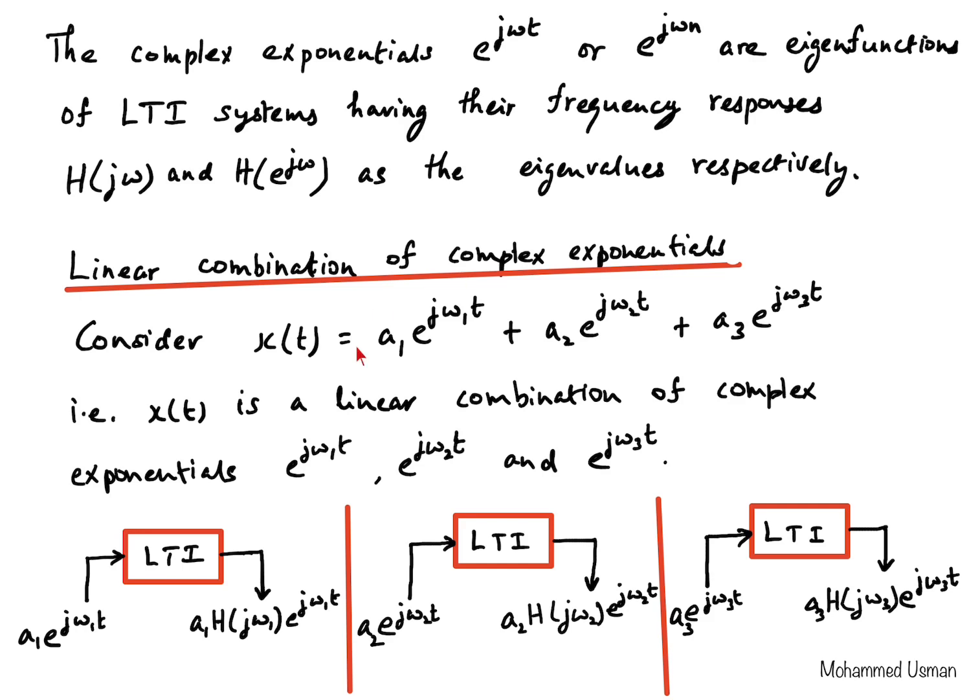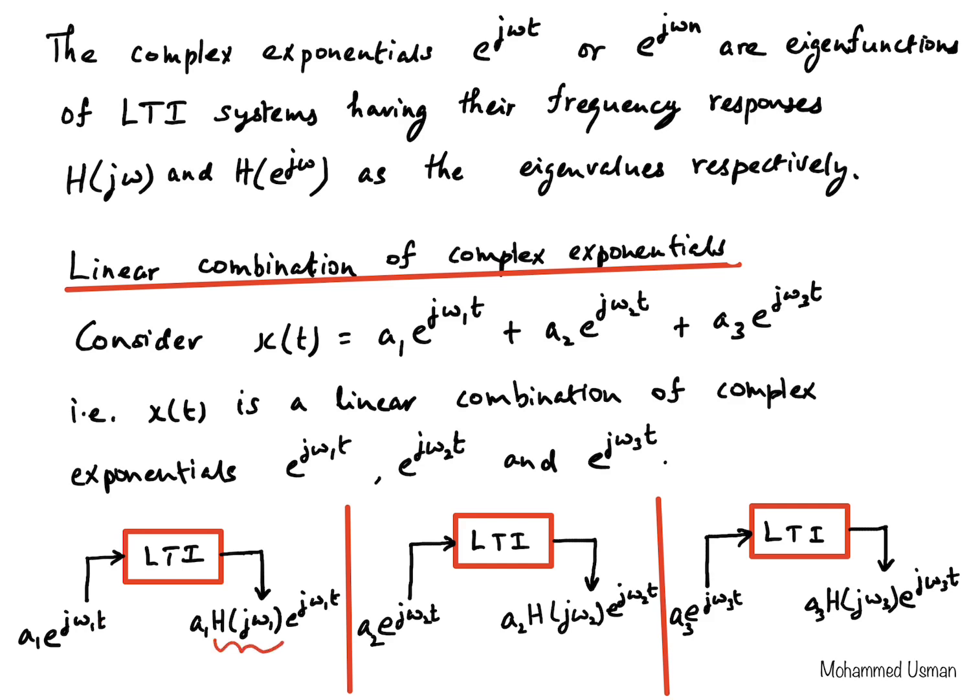Okay, so individually, if we apply the first term a1 e power j omega 1t to an LTI system, it will produce an output like this, which is a1 H of j omega 1 e power j omega 1t. So whatever is the input, the output is also the same thing but scaled by the factor H of j omega 1 in this case, because the input is e power j omega 1t, right?